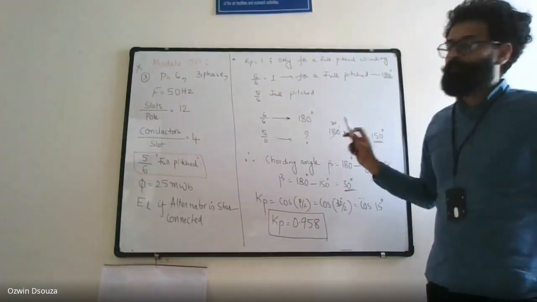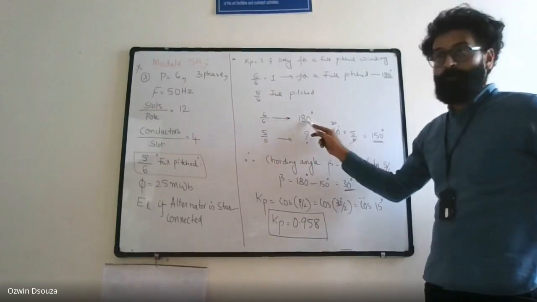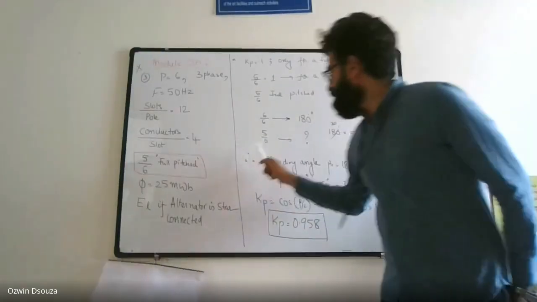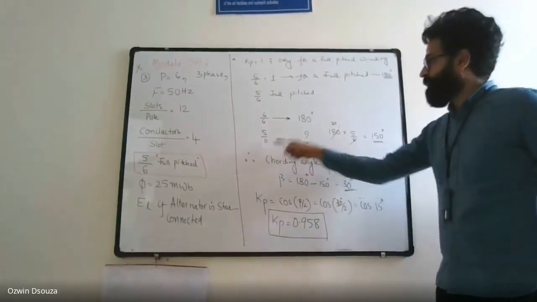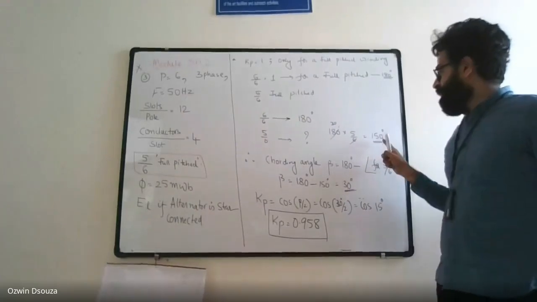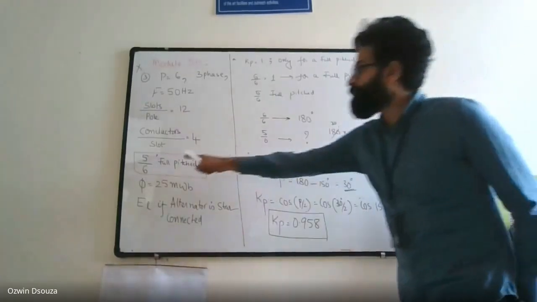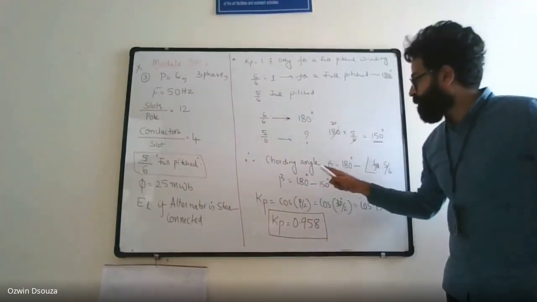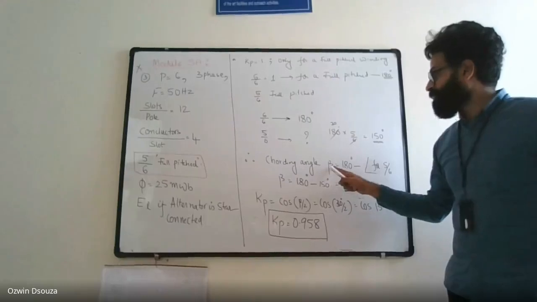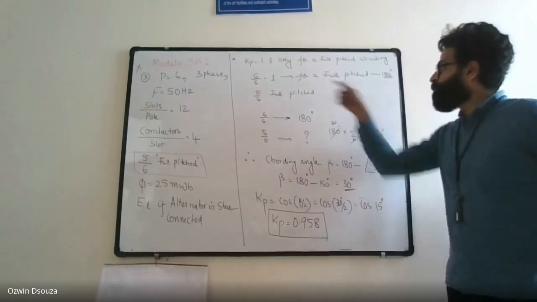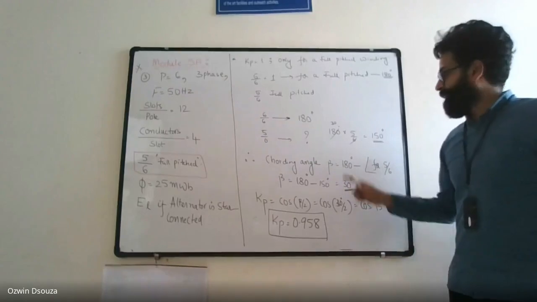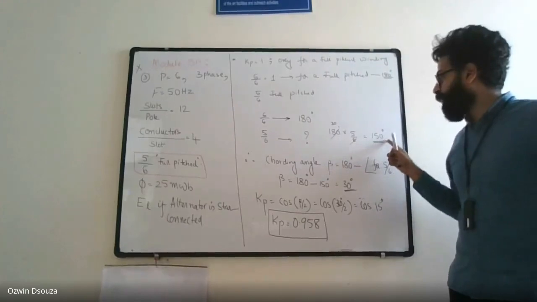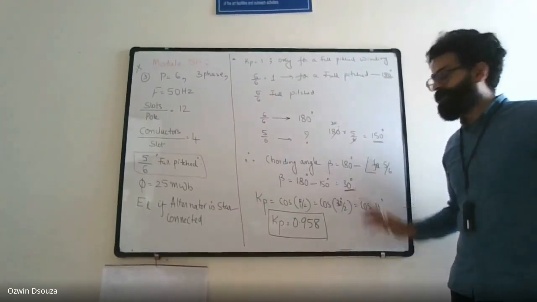A simple cross multiplication then gives the angle for 5 by 6 winding, which is 150 degree. The chording angle beta is found by subtracting this from the full pitched angle: 180 minus 150, so you will get beta as 30 degree.